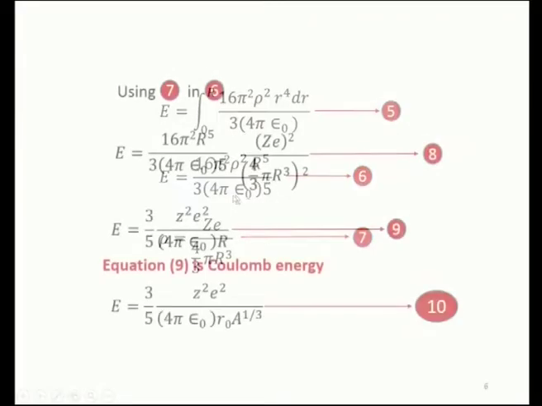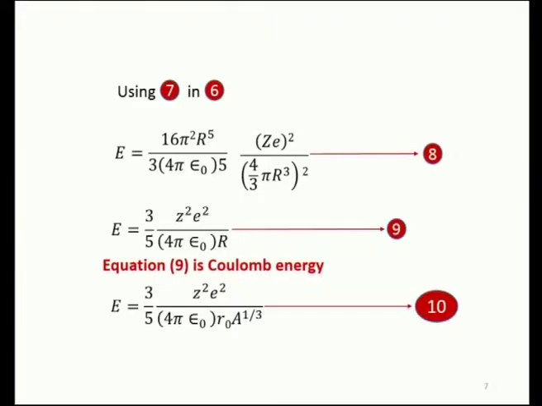Using equation 7 in equation 6, we get 16 pi squared r to the power 5 by 3 into 4 pi epsilon 0 into 5, and here we substitute for rho squared, Z squared e squared over the volume squared.